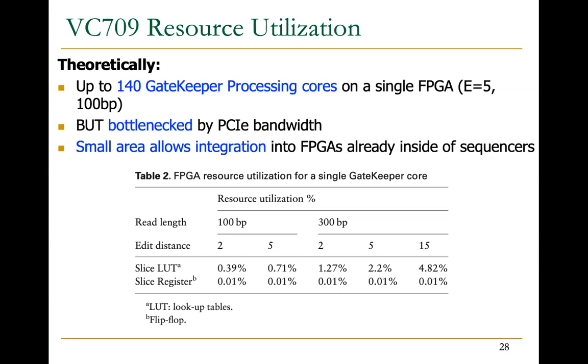That tells you the amount of parallelism you can achieve, how many problems you can solve in parallel, and each problem solves independently two sequences of length 100 or 300, for example. So if we have 5%, it will fit about 20 of these problems together. If you have less than 1%, for example, then you can fit 100 of these replications.